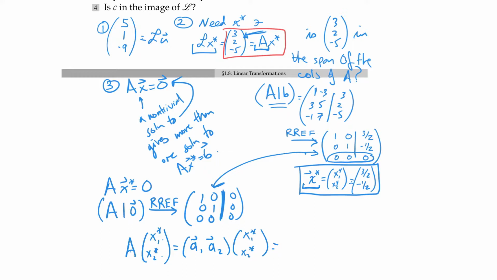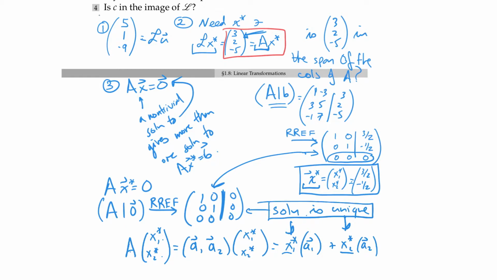This matrix product equals x1 star, the scalar, times the vector A1 plus x2 star times the vector A2. So we see that we do indeed only have two variables and hence two weights here. So there is not a free variable despite the fact that we have a 0 row. So be careful with that. So is the solution unique? Yes. The solution is unique.